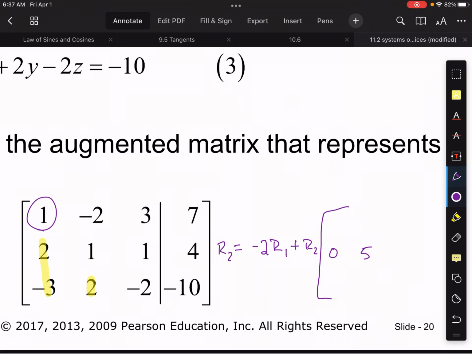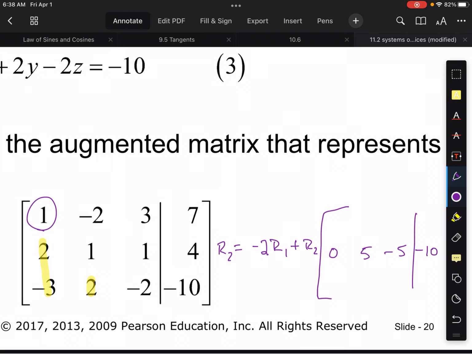And I know I messed that 1 up, so we're going to have to fix that later. And then for the third part here, we have negative 2 times 3, which is negative 6. Negative 6 plus 1 is negative 5. And then we have negative 2 times 7, which is negative 14. Negative 14 plus 4 is negative 10. Well, it looks like 5 goes into each one of those nicely, so that'll help here.